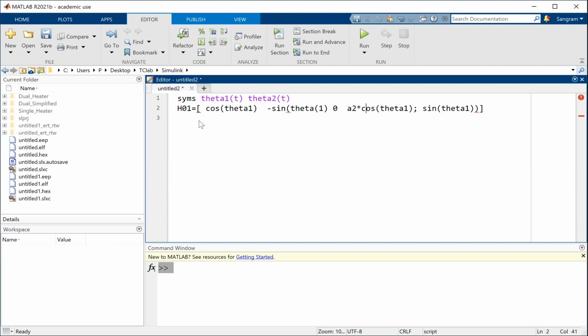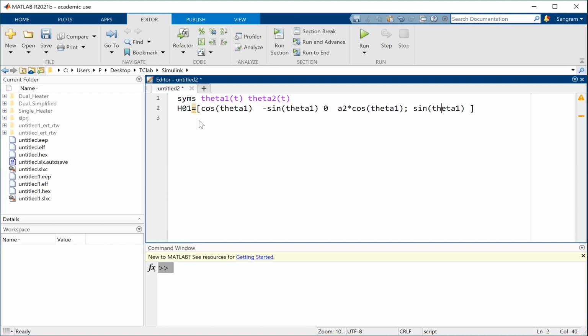Hold on a second. I know you guys are smart, so you are welcome to go ahead, just code it in H01, H02, and then multiply those terms. That should be fine. Okay, sine theta 1. You have an extra bracket between theta and 1. Oh, I have a minus, right?